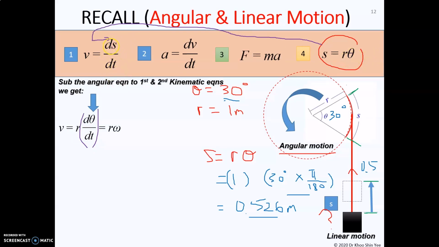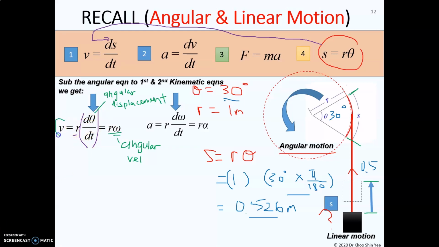Since r is constant, we can take it out, and inside you have d theta divided by dt. Since we know omega, the angular velocity, is the change of theta, the angular displacement, with respect to time, we can substitute omega equal to d theta divided by dt here.